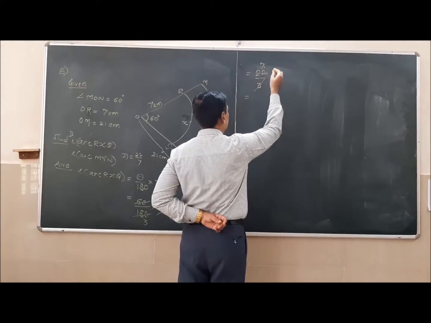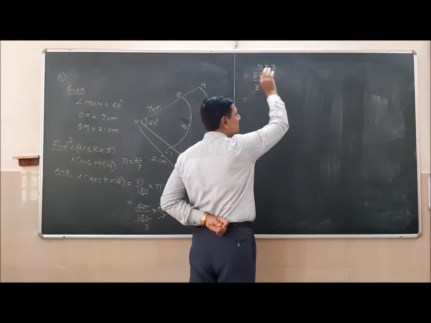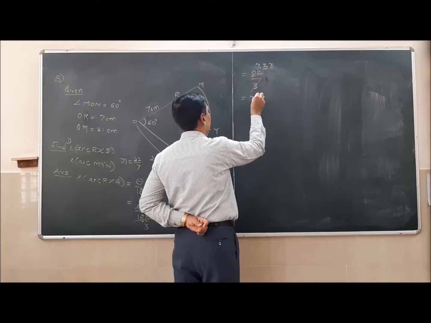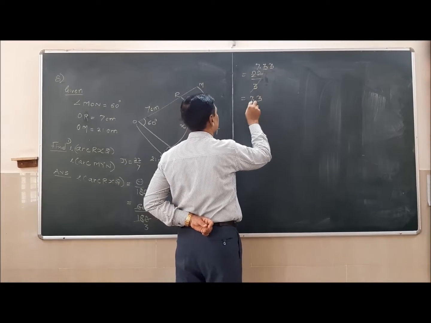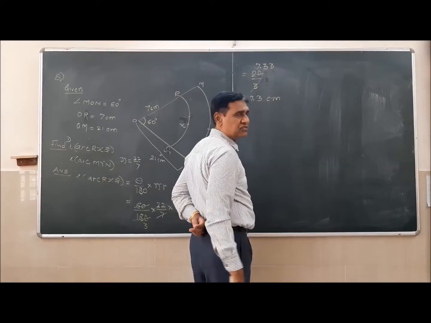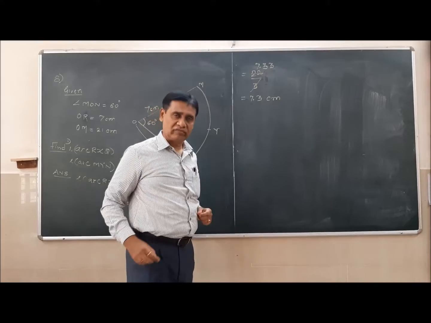In front of 1 if I place 0, 3 threes are 9, 3 threes are 9. So it's recurring. So I will get the final answer as 7.3 recurring. Be careful as usual about units. Our unit will be centimeter because it is the length of the arc.